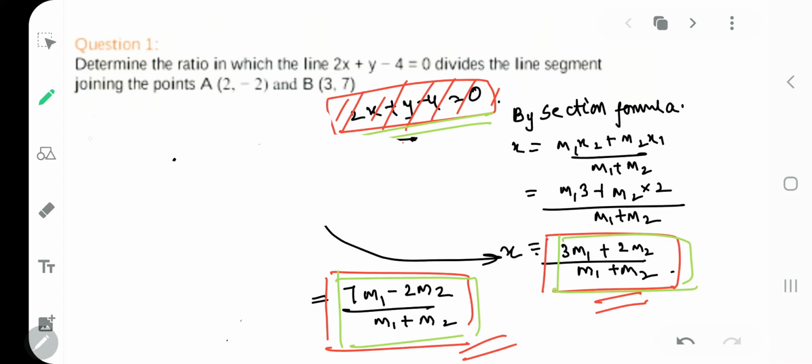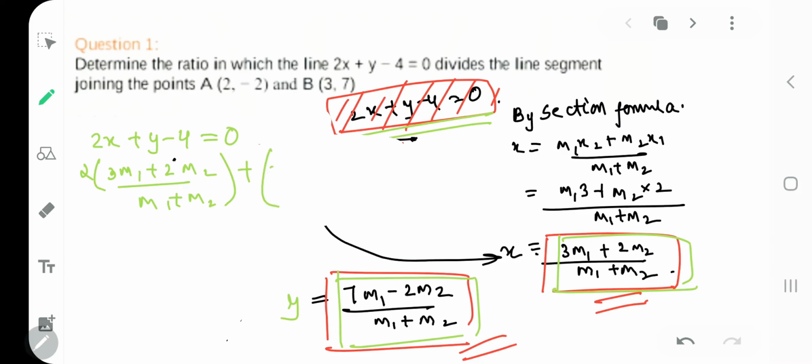So my equation is 2x + y - 4 = 0. My value of x is (3m1 + 2m2) upon (m1 + m2), plus y, whose value is (7m1 - 2m2) upon (m1 + m2), minus 4 is equal to 0.